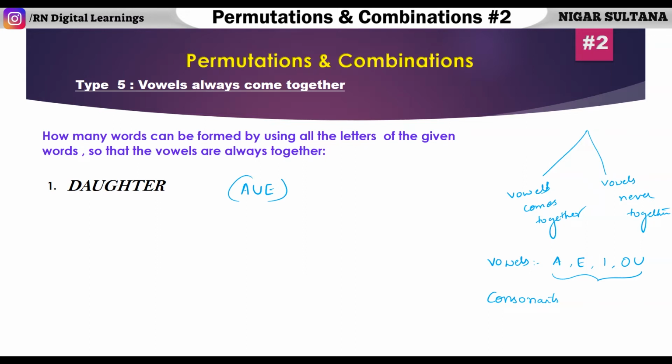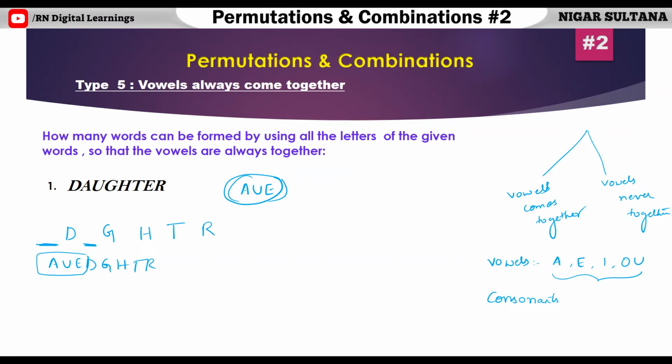Now we have D, then G, H, T and R. They must be together in the sense that A, U, E can be placed here: A, U, E, D, G, H, T, R. See here, these are together, right? Or they can be placed after D, like D, A, U, E, G, H, T, R. See, these vowels are always together.